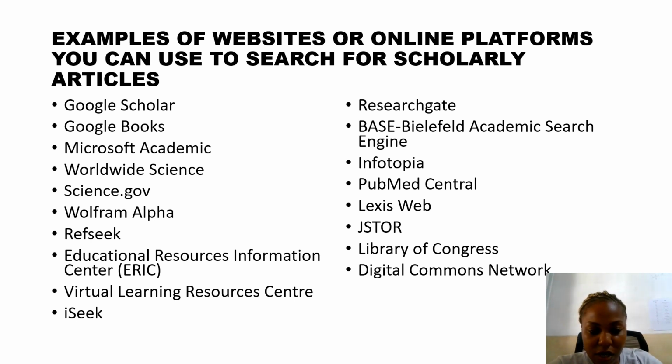You can use that. Virtual Learning Resource Center, iSeek, ResearchGate also is good. BASE, Academic Search Engine. PubMed is also good. Infotopia. You can even try all of them. You'll find your papers depending on your research problem.